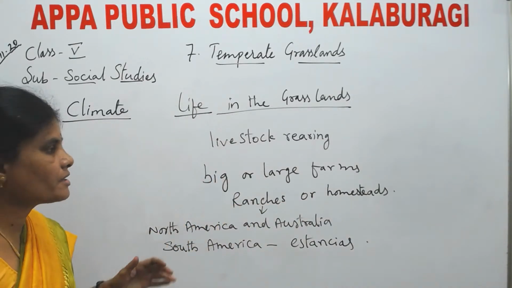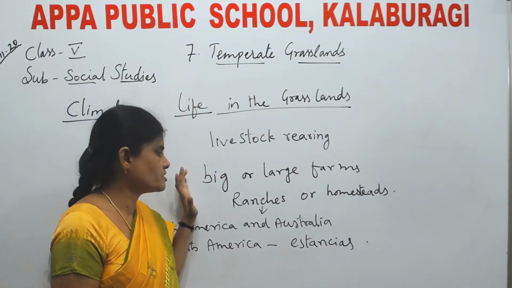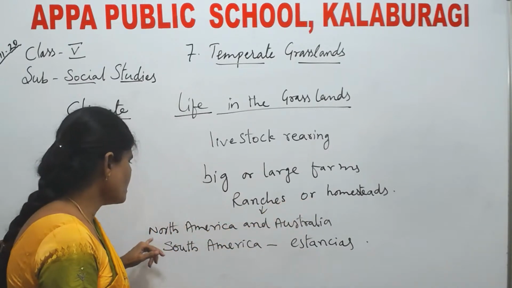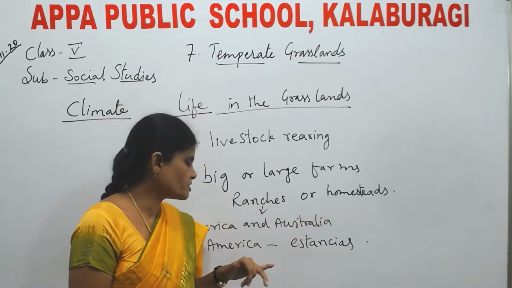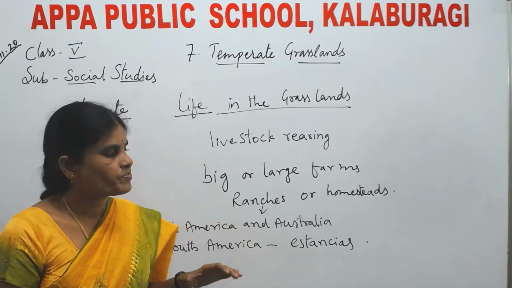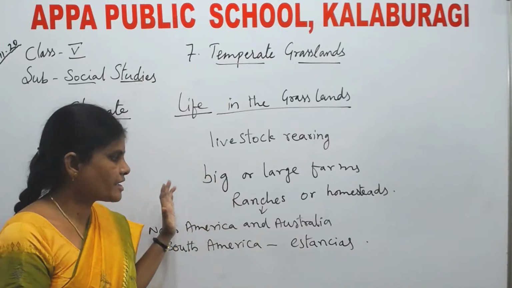See, people rear animals here in very big farms. They are called ranches or homesteads. In North America and Australia, they are called ranches or homesteads, and in South America, they are called estancias. Okay, these are nothing but large areas where people rear animals.